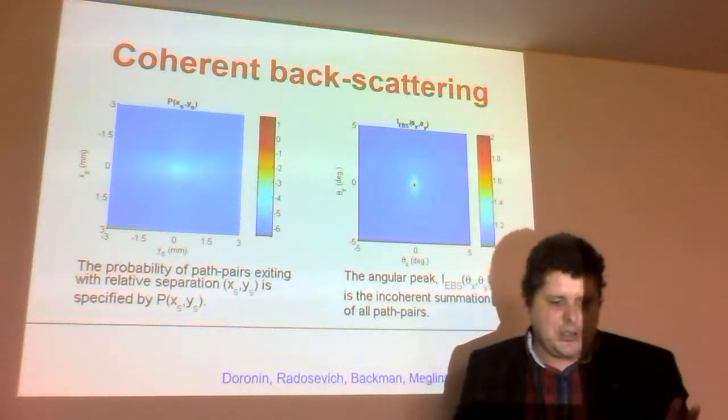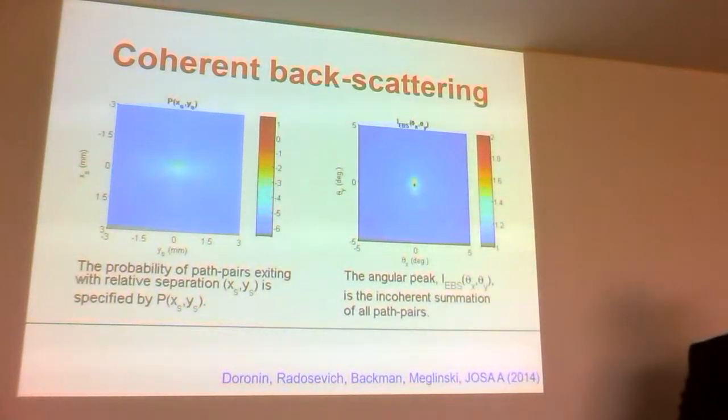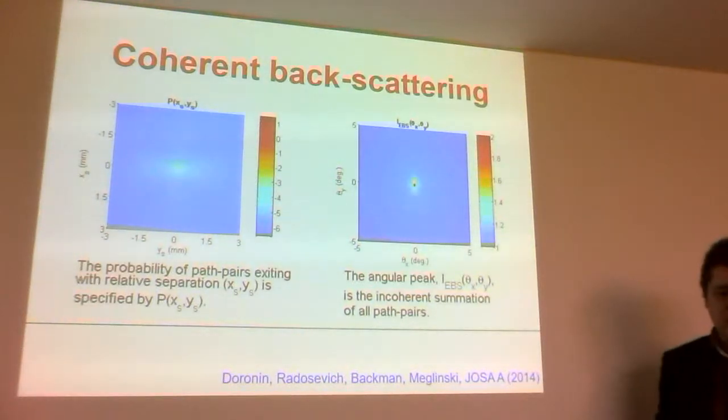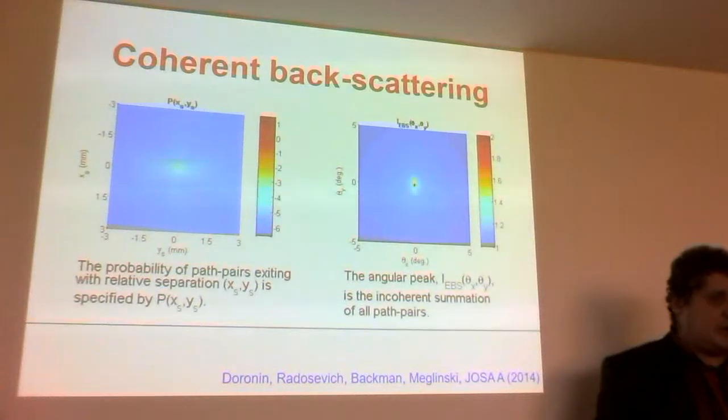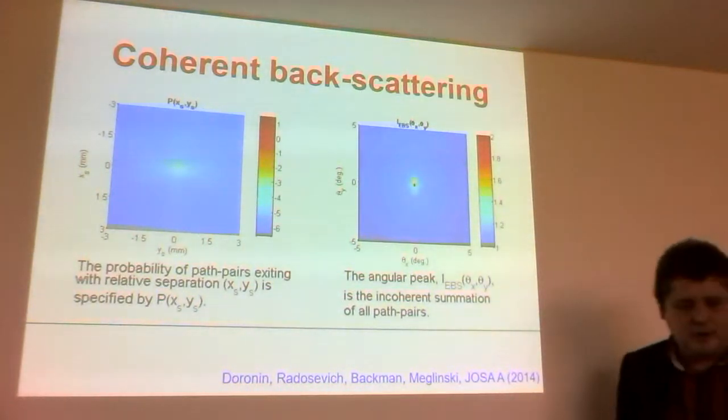That was one of the well-known wave phenomena associated with multiple scattering and coherent properties of light. For a number of years there was a discussion, and we tried to use it for diagnostic purposes.